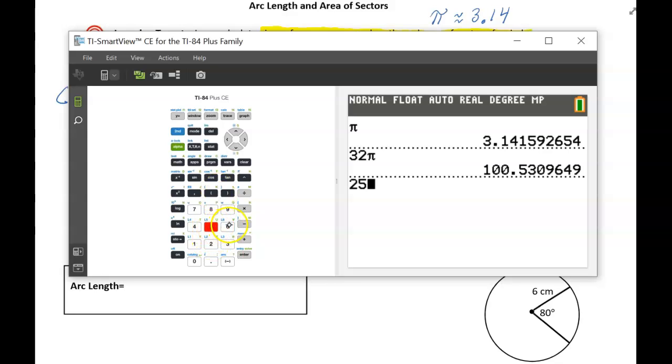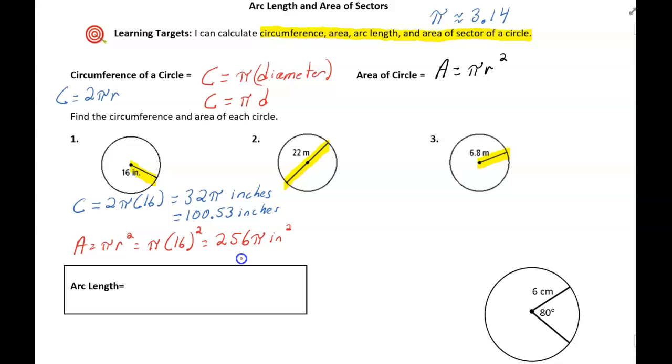So 256 second pi, you'll get approximately 804.25. So the area is approximately 804.25 inches squared. It'd be my suggestion you pause the screen and try problem number 2 and 3, or if you prefer, you can just listen.